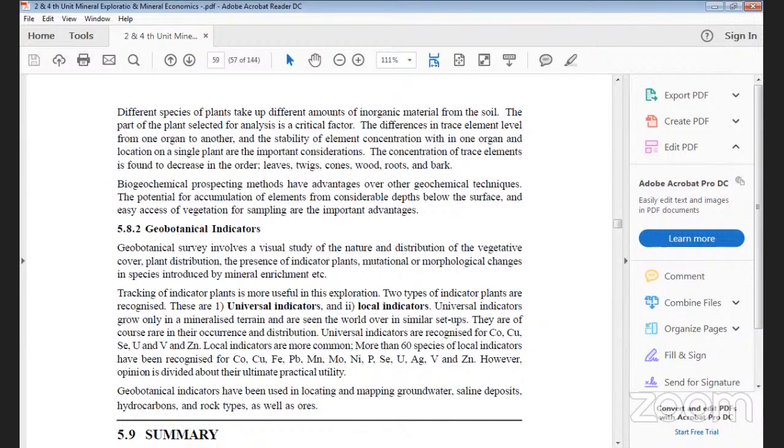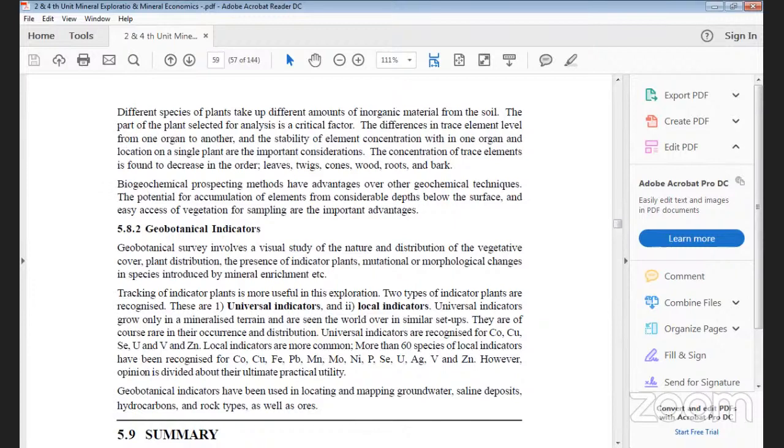The geobotanical survey involves the visual study of the nature and distribution of the vegetation cover, the plants' distribution, the presence of indicator plants, and habitational or morphological changes in different species in different areas, which are introduced by the mineral enrichment.